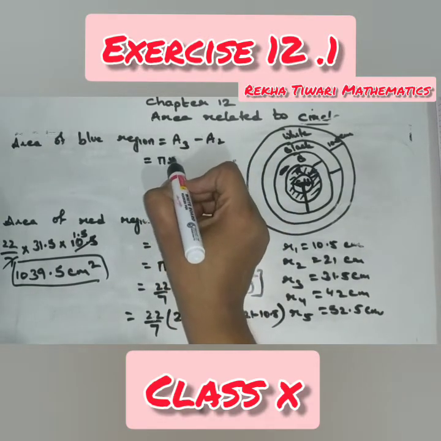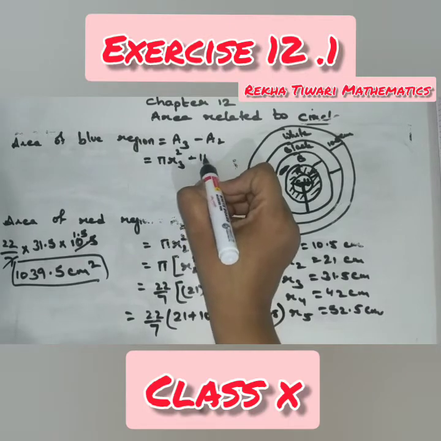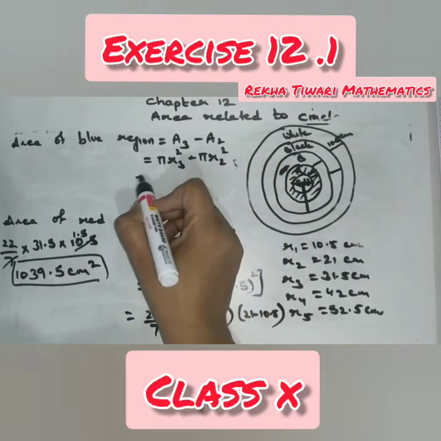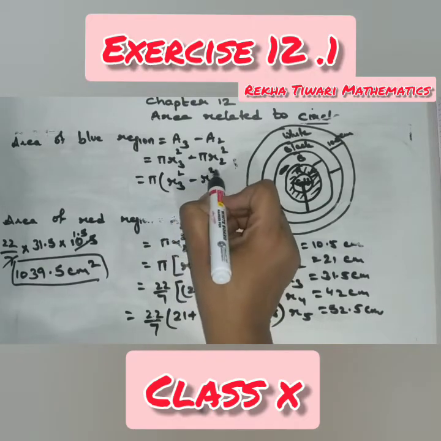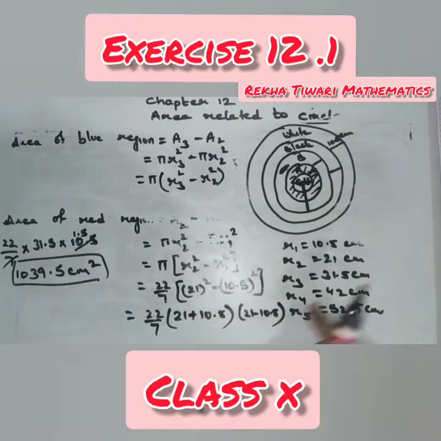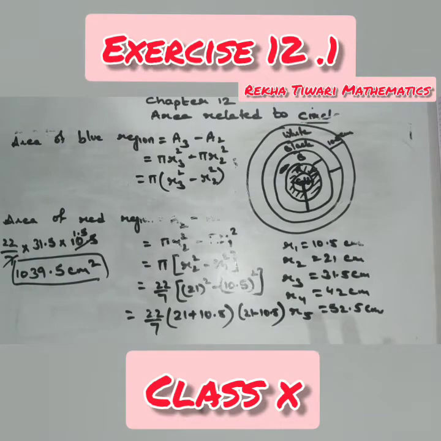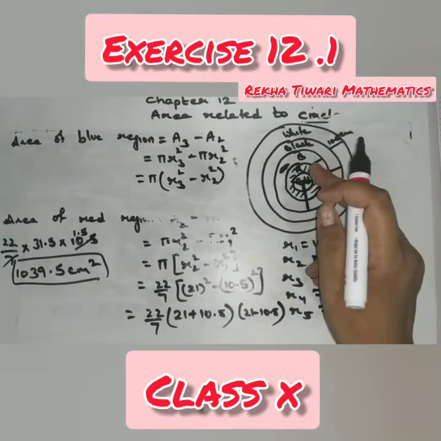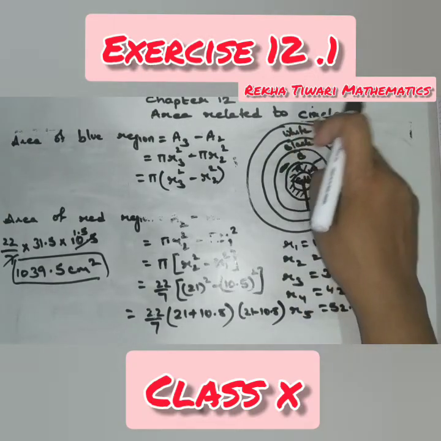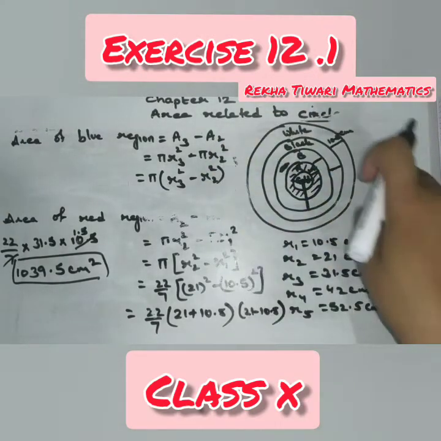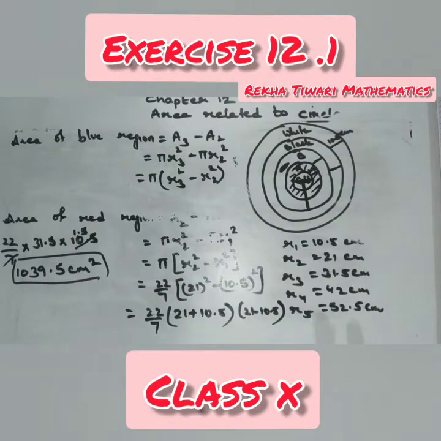A3 will be pi R3 square minus pi R2 square. Take out pi common: R3 square minus R2 square. Put down the values and solve yourself. For area of black region, A4 minus A3. Area of white region, A5 minus A4. In the same way, you can calculate the rest of the parts.